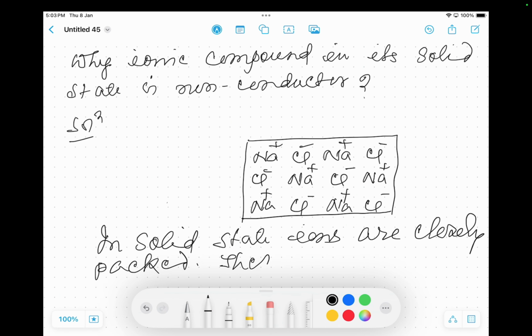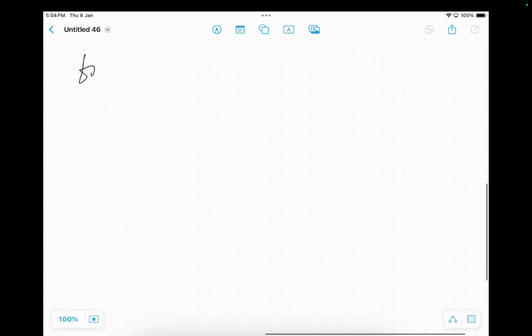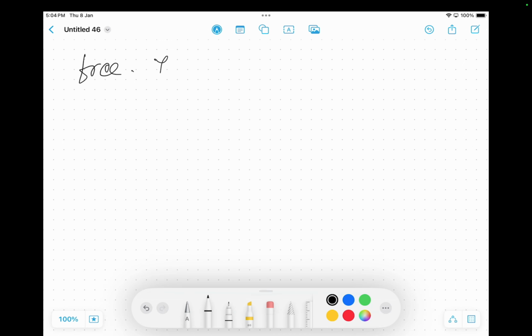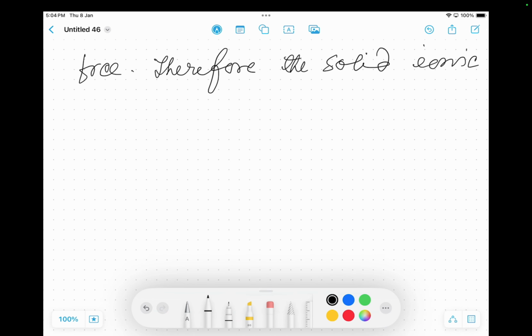These ions are not free. Therefore, the solid ionic compound is not a good conductor.